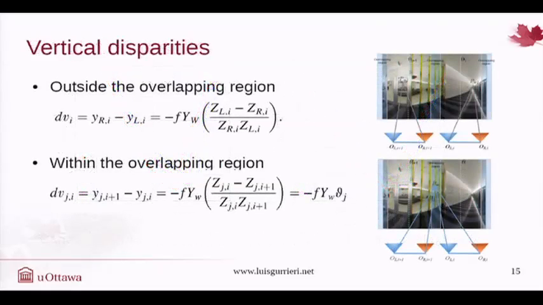The other is the vertical disparities. Vertical disparities in panoramas always appear. But based on this model, the vertical disparity in the stereoscopic area of each one of the cameras should be 0. Because based on this equation, the projection on the image plane, this value and this value of the distance of the scene are equal.